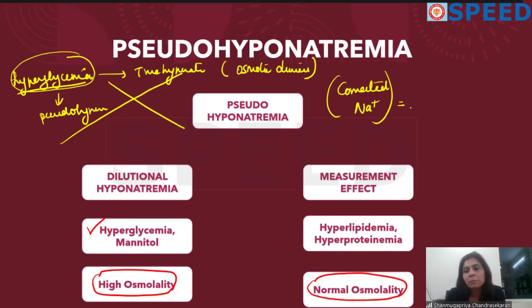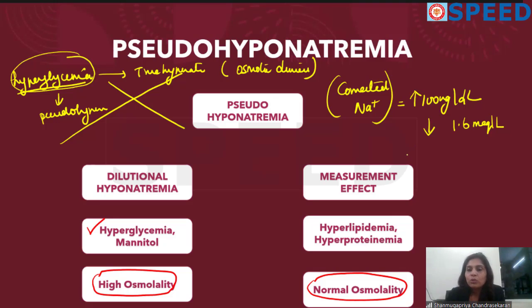And for this, you should remember that for every 100 milligram per deciliter increase in plasma glucose above the normal value, serum sodium will be decreased falsely by 1.6 milliequivalents per liter.